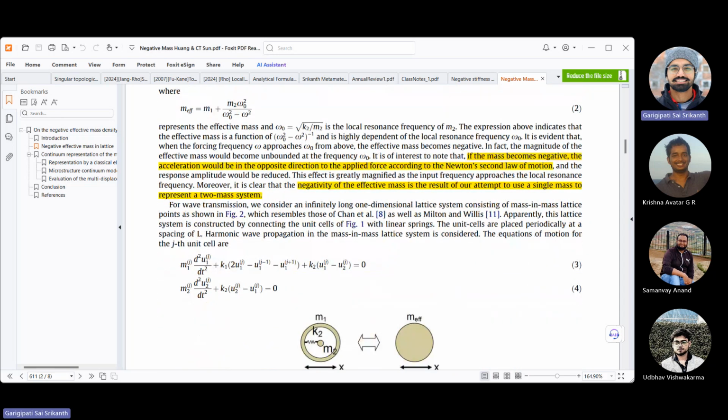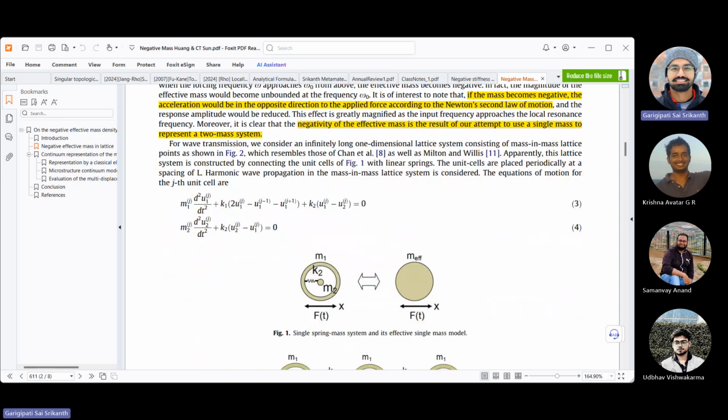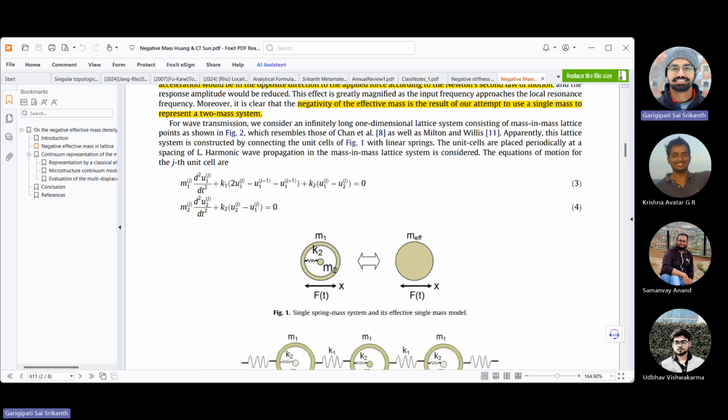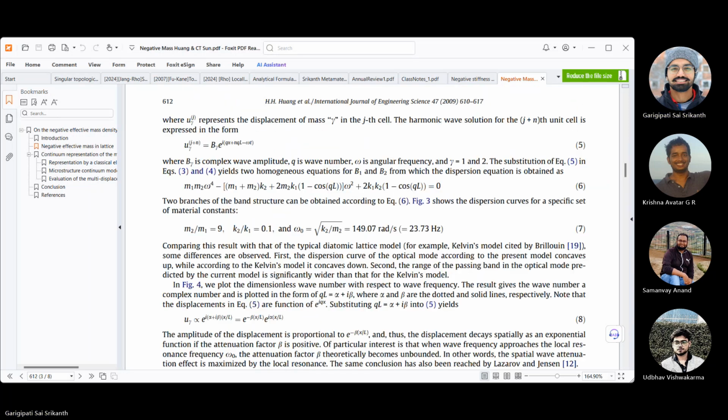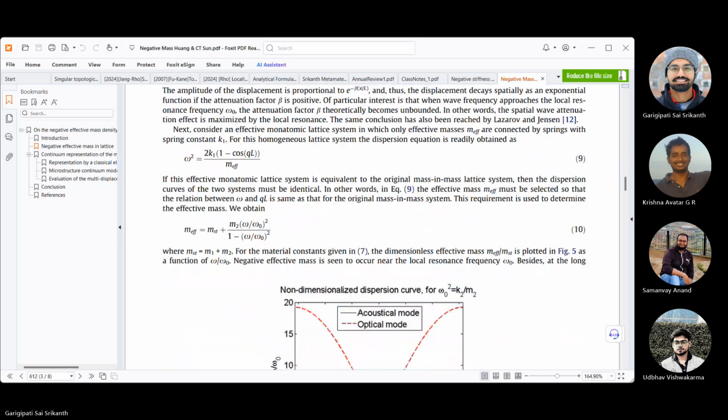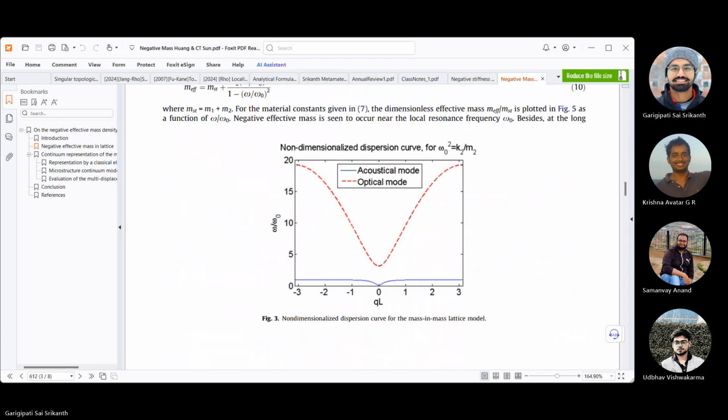So that singularity is, again, the standard mass and mass. They have not shown a connection, but it will not change the equations. Right. So they have plotted from minus pi to pi.